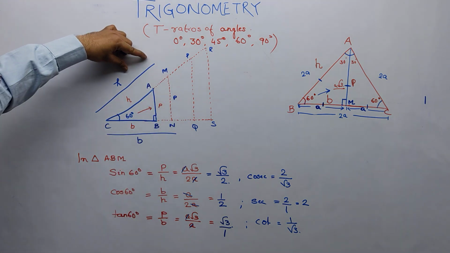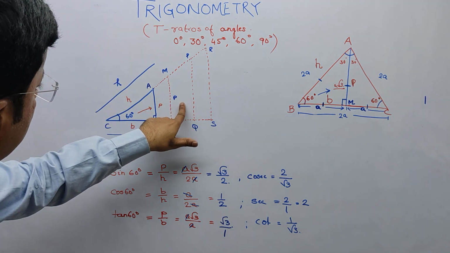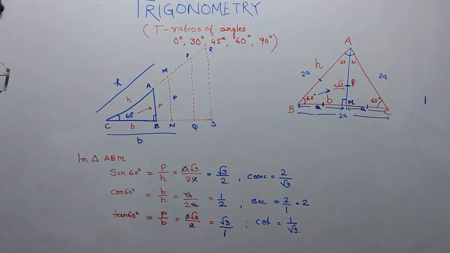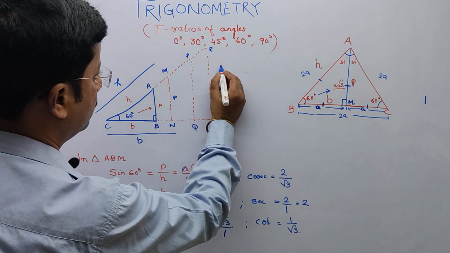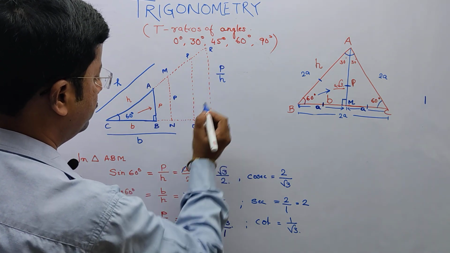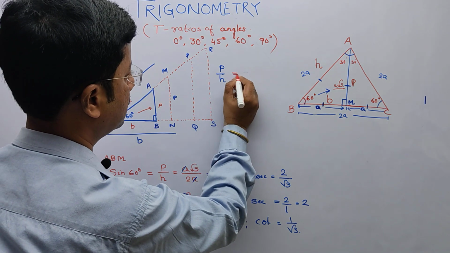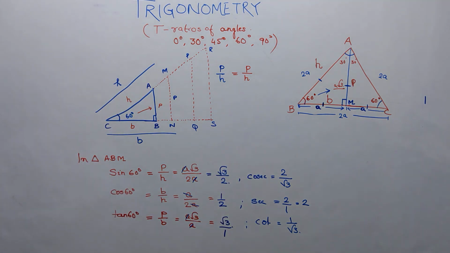This is hypotenuse for this triangle. Now it means this perpendicular by hypotenuse and this perpendicular by hypotenuse both should be same. Means the blue colored perpendicular by hypotenuse should be equal to red color perpendicular by hypotenuse, right? These two should be equal.